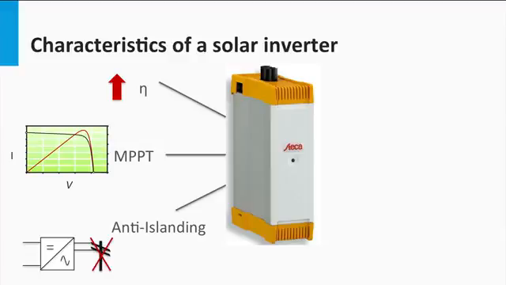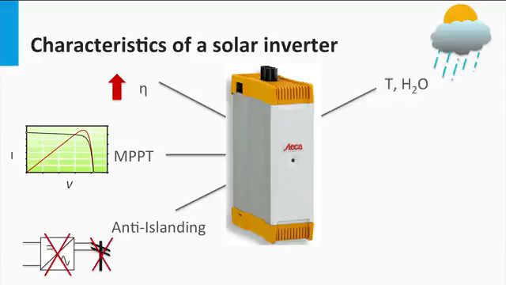Due to safety issues, islanding needs to be prevented. Therefore, inverters are expected to detect and respond by immediately stopping from introducing power into the grid. This is also referred to as anti-islanding.